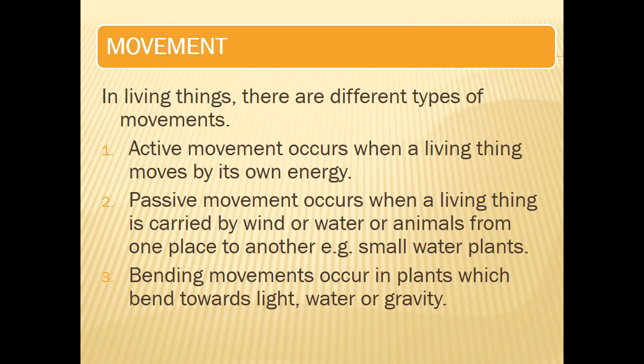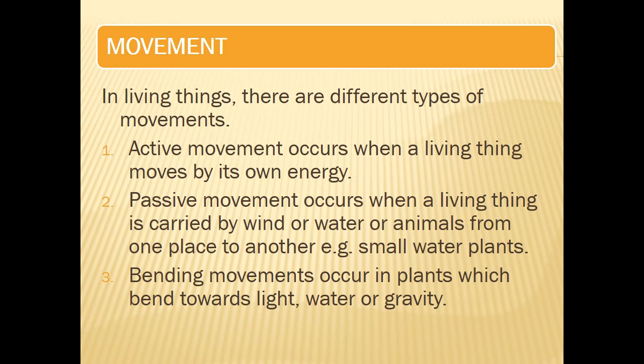Number 3, bending movement occurs in plants which bend toward light, water, or gravity. So bending movement mostly occurs in plants because plants don't move from one place to another. They only bend part of their body towards an external stimulus, which could be light, water, or gravity.